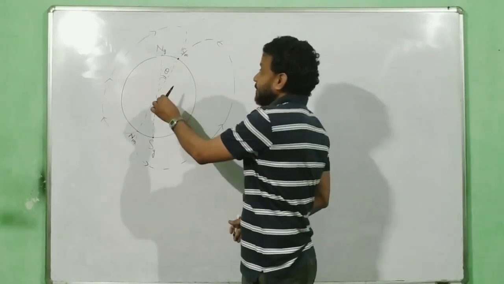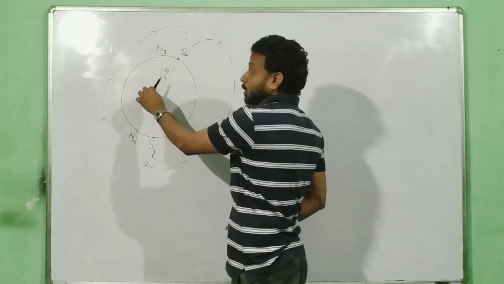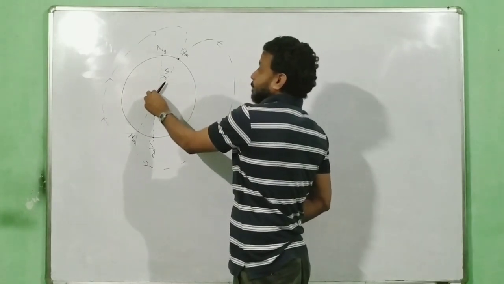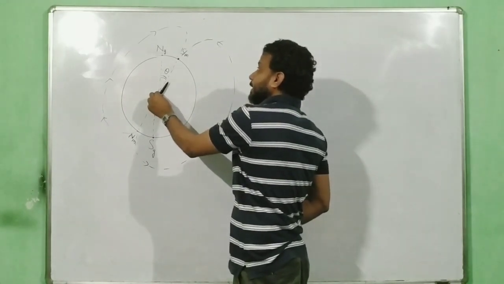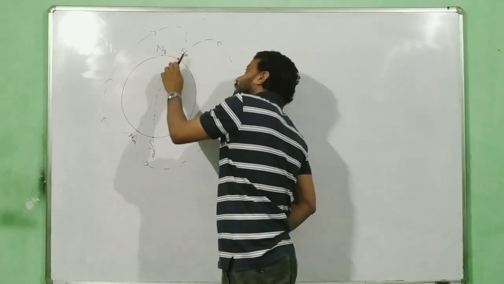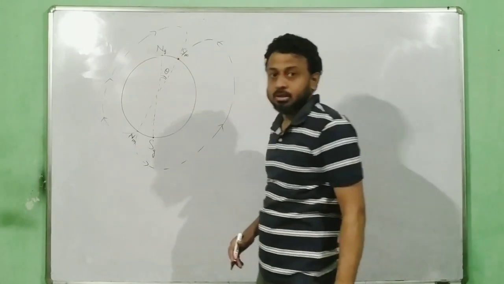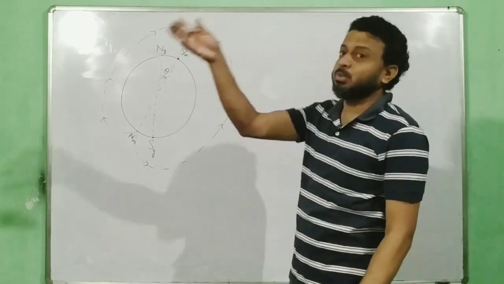So the north pole of the magnetic compass points towards the magnetic south of the Earth, because it attracts, and the magnetic south of the Earth is basically my geographical north, and hence we say it's pointing towards the north direction.